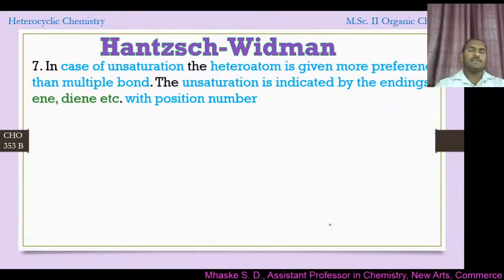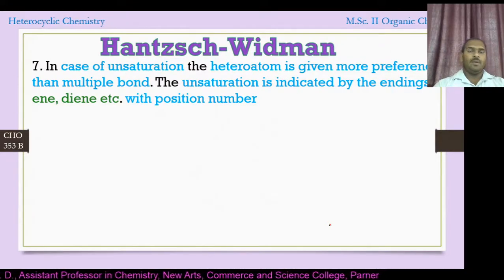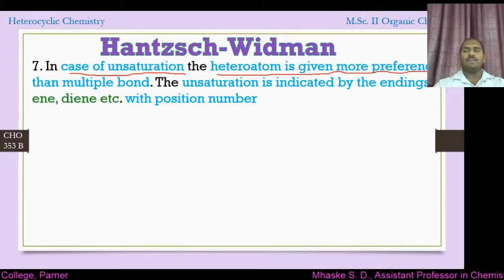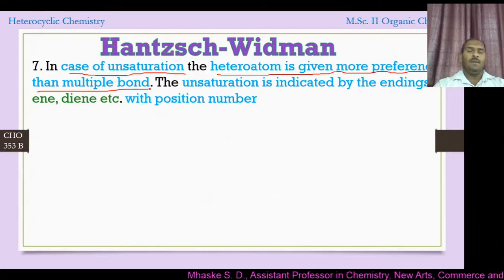What does the next rule suggest? In case of unsaturation in a spiro compound, the heteroatom is given more preference than the multiple bond. So we have to remember that the heteroatom should have the highest preference over the unsaturation.